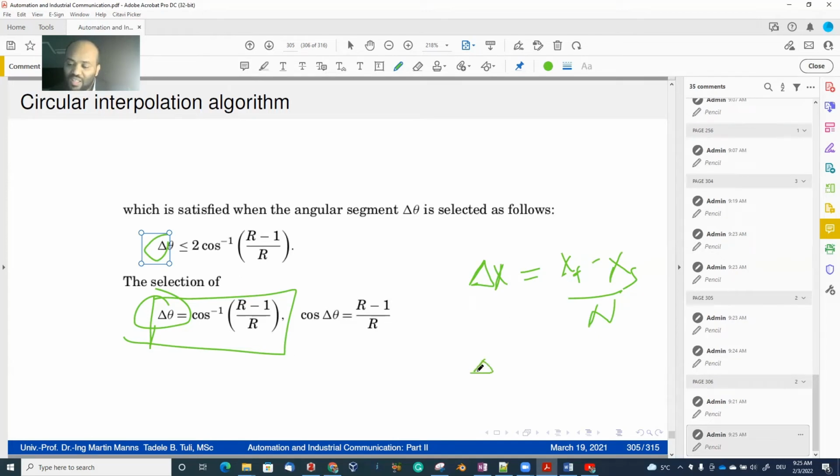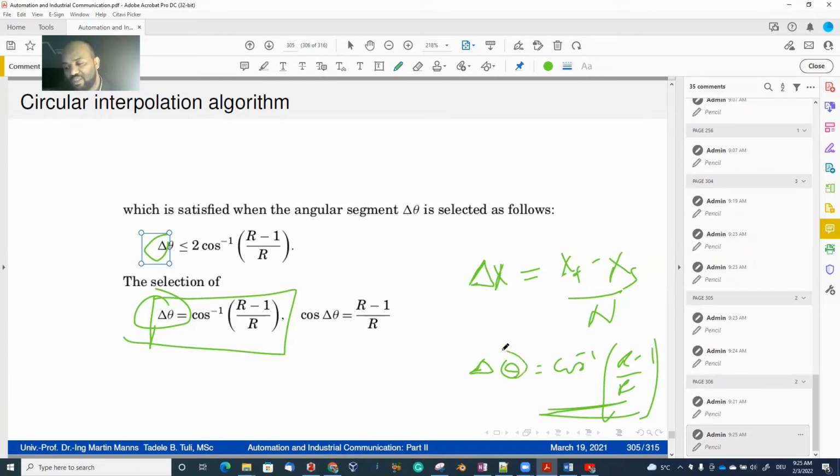Then delta theta can be decided by taking cos inverse of (r minus 1) over r, which lets you avoid a larger chord error and minimize it while leading you to a better sample size.